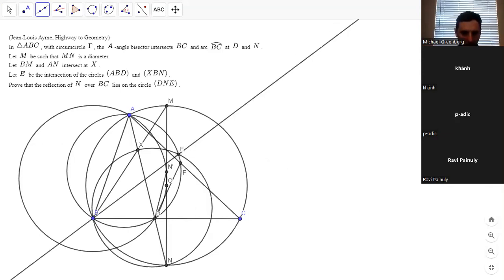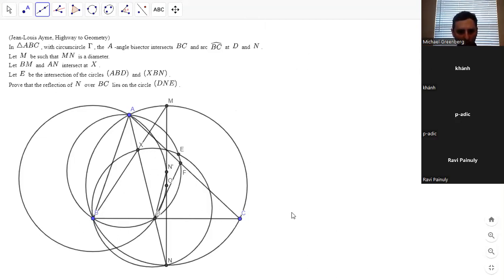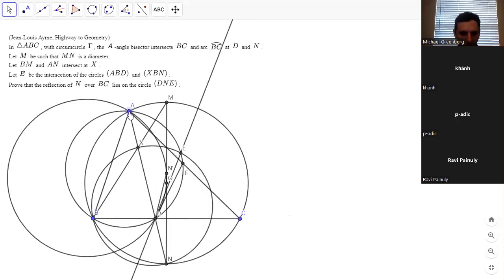Not sure yet. So yeah, that does not actually pass through O. So maybe that's a better diagram.